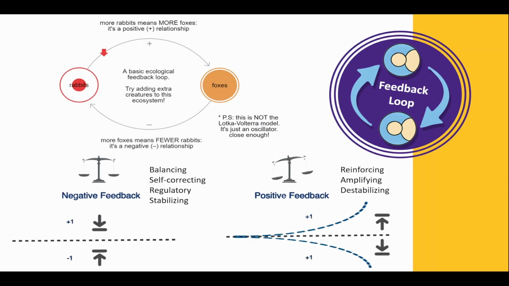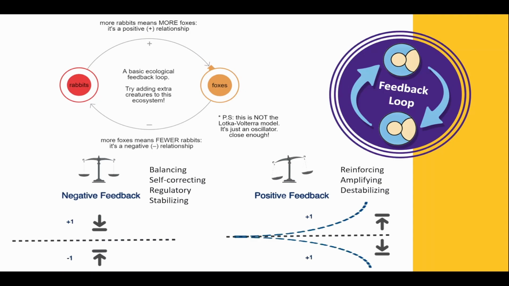The one that usually, not always, but usually has a negative impact on the system is the positive loop. And these are the reasons. Look at the other names we have. For the negative feedback loop, we have balancing loop, self-correcting loop, regulatory loop, and stabilizing loop. These are all other possible names for the negative feedback loop.